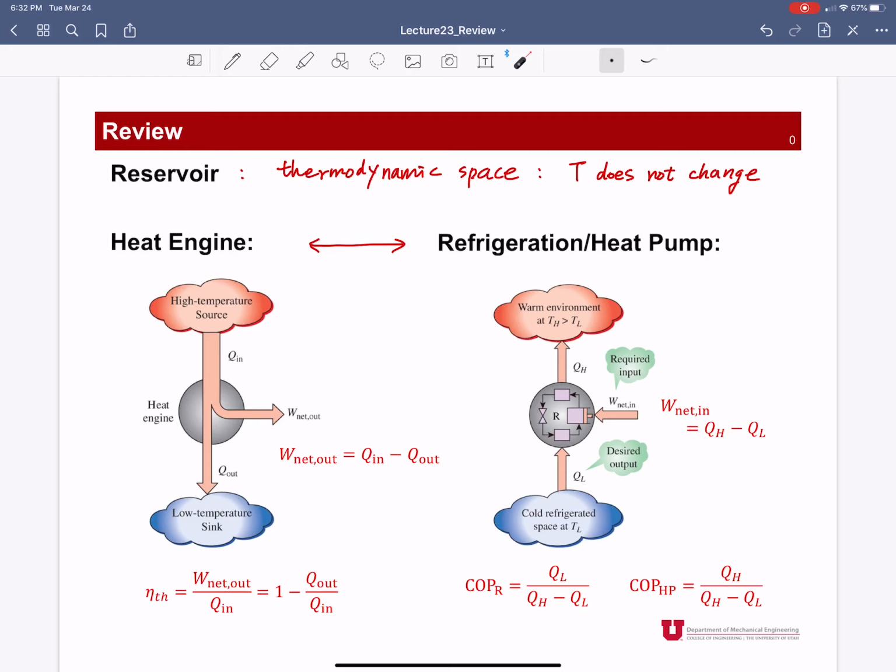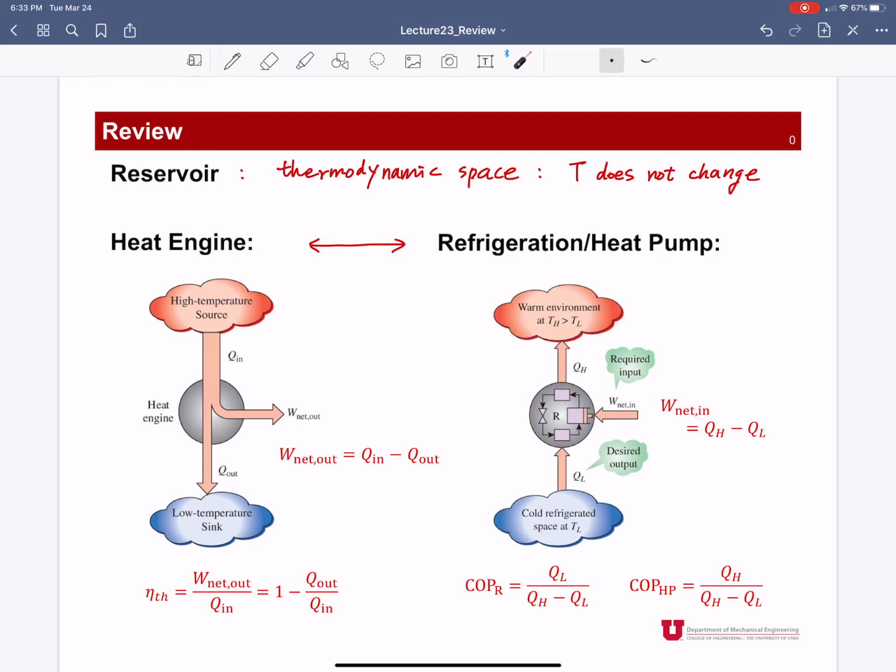And now, by running the refrigeration or heat pump cycle, by applying this amount of work in, we take heat QH out and dump it to the environment, in this case warm. If we want to use this thermodynamic cycle for refrigeration, your focus should be more on the cold refrigerated space, and your desired output should be QL.